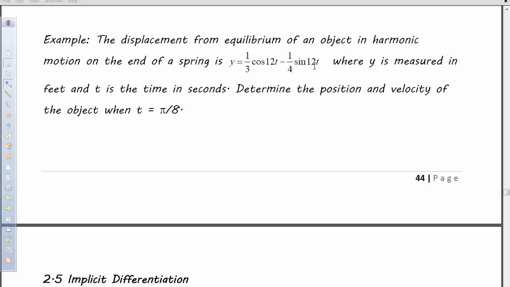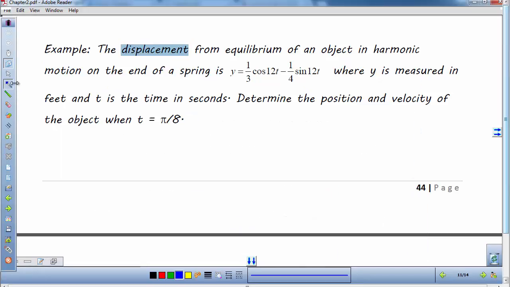This is my position function. So if I'm trying to determine the position when time is equal to pi over 8, the only thing I need to do is plug in pi over 8. I know it's the position function because it tells me that this is the displacement, a way that we can measure the position.